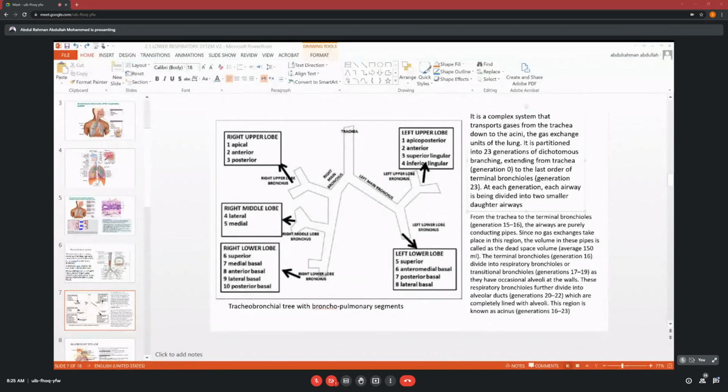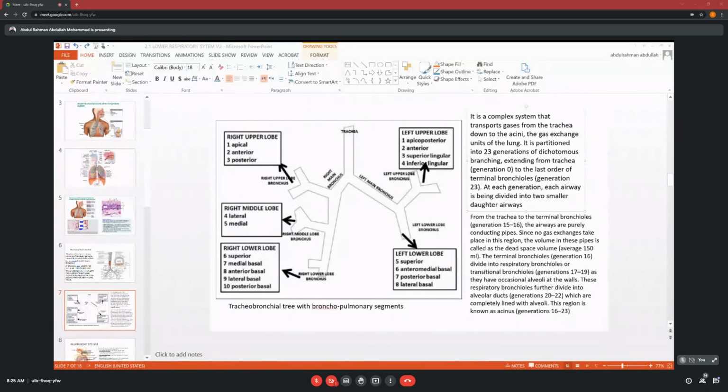Morphogenetic means morphology, the shape, and genetic. So they have a particular way of dividing, unlike other divisions: particular directions and a particular number of divisions.